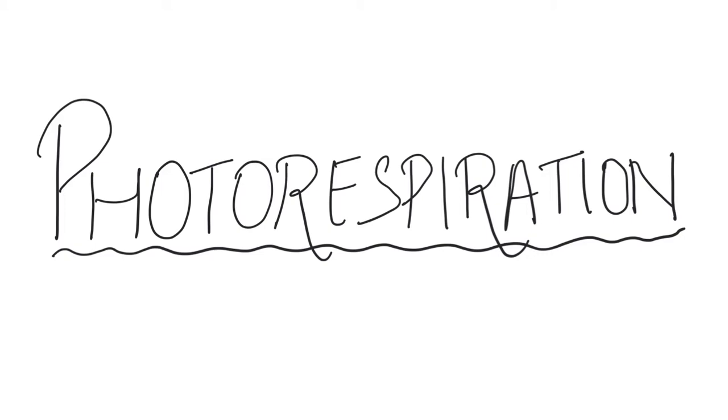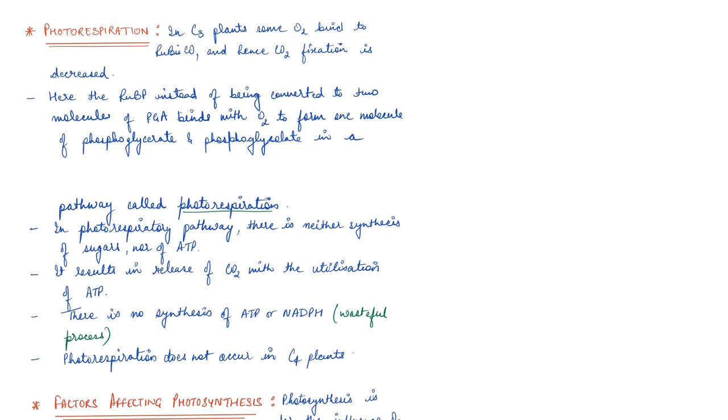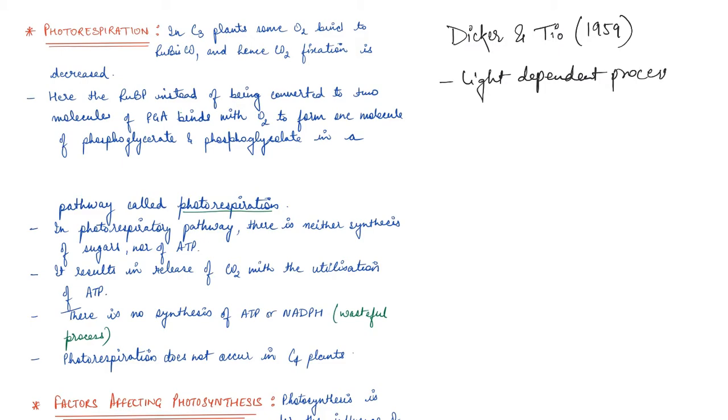Now, what happens in photorespiration is that it is a light dependent process which was discovered by Dicker and Teo in 1959, and this is considered as a light dependent process, right?